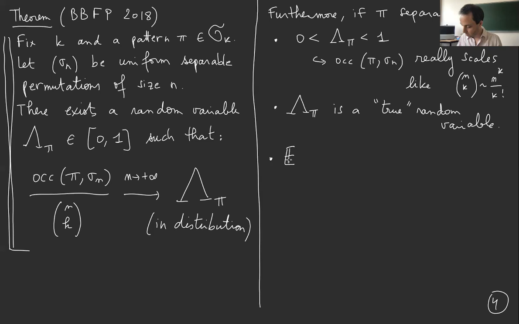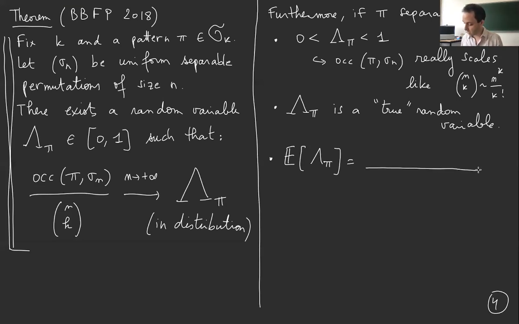So informally, the expectation of lambda pi is more or less the proportion of subtrees of size k in the continuum random tree which encode pi. Okay, and in fact, we can do explicit computations with the CRT, the continuum random tree.